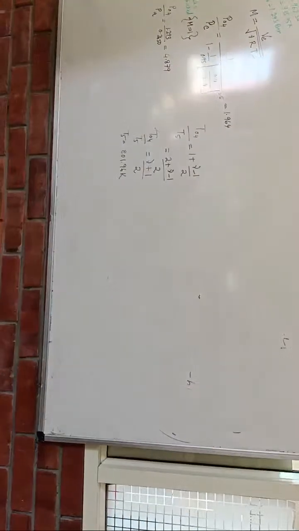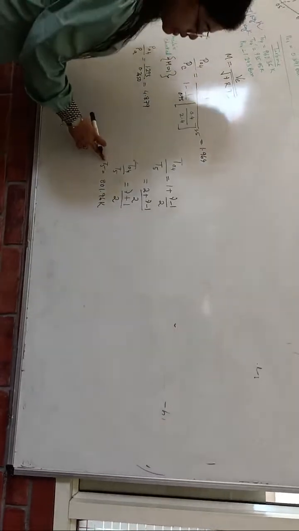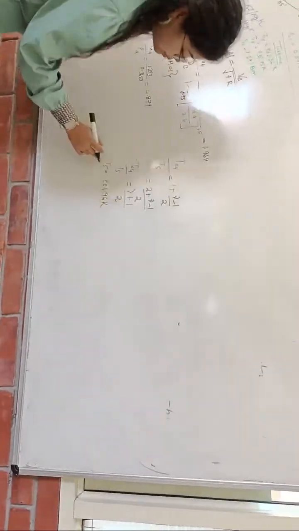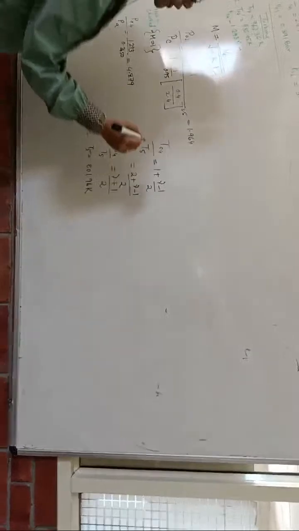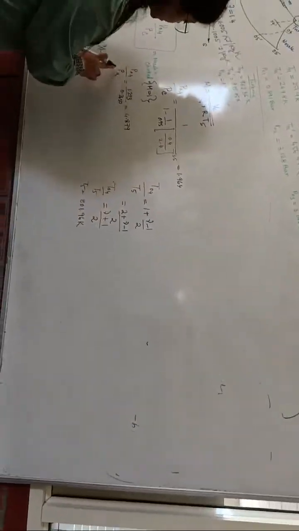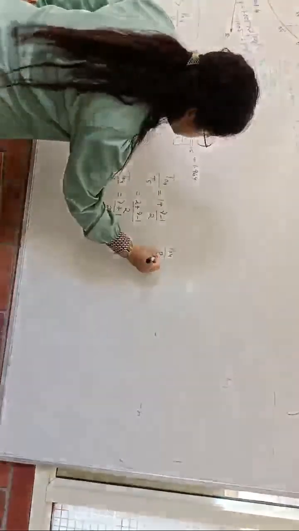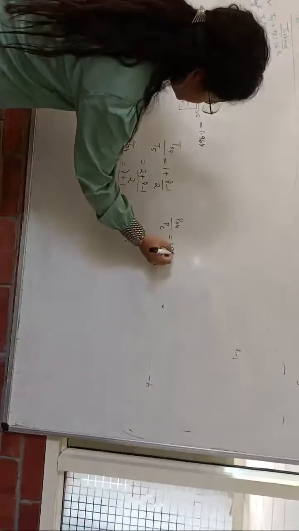Good. Similarly, now you have to individually find P5, the pressure at this point 5. How can you find it? Here we are not going to follow the isentropic relation. We know this relation: P04 by PC equals 1.964.